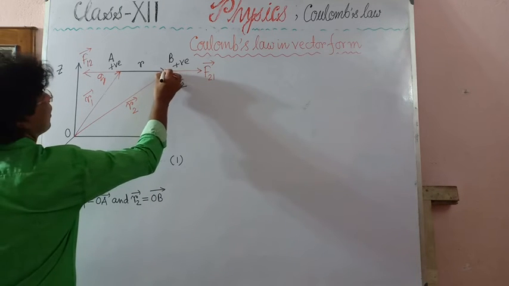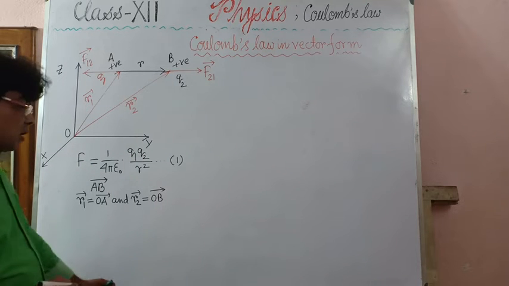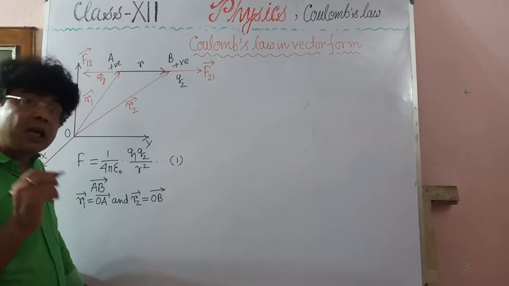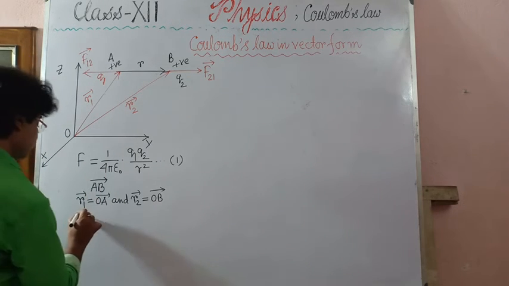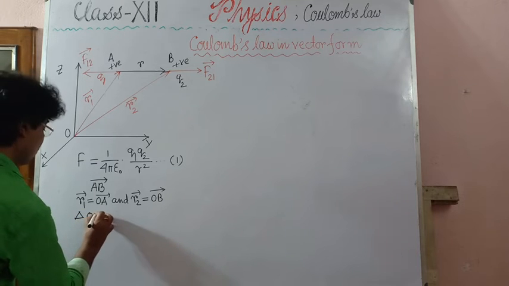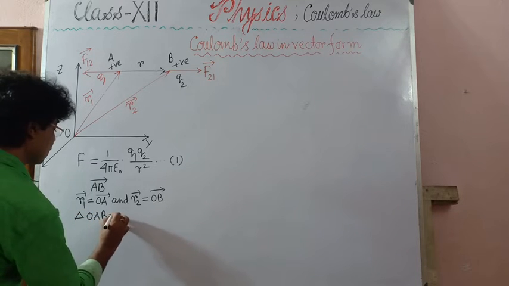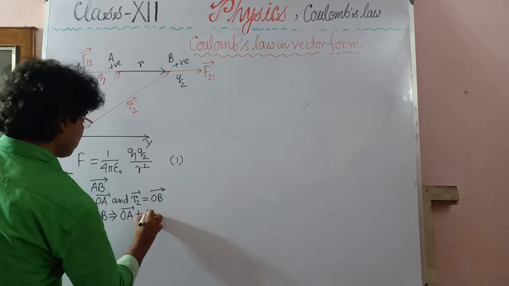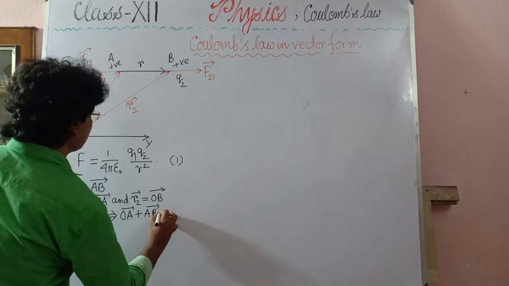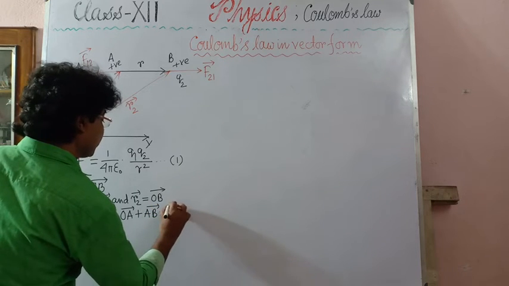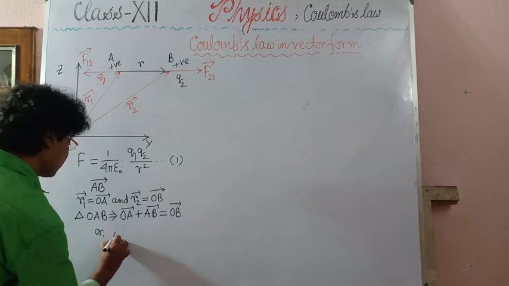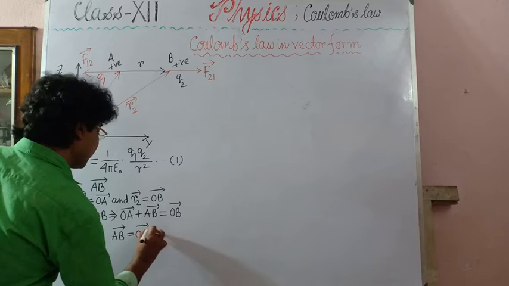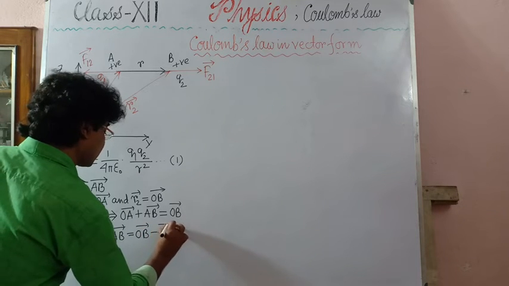Now, according to triangle law of vector addition, from triangle OAB, we can write OA vector plus AB vector equals OB vector, or AB vector equals OB vector minus OA vector.